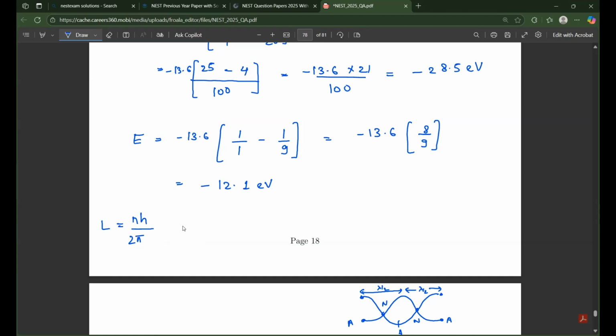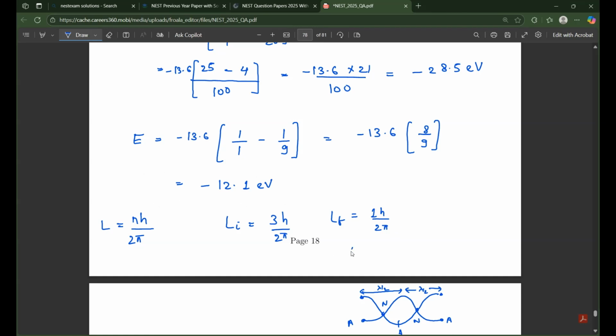Now for the initial state L initial is 3h by 2 pi, and final is 1h by 2 pi, as the electron had made a transition from third to first, due to which this much energy has been released.